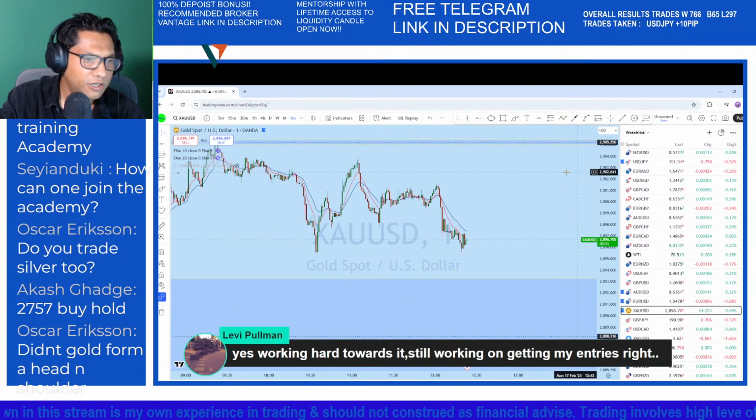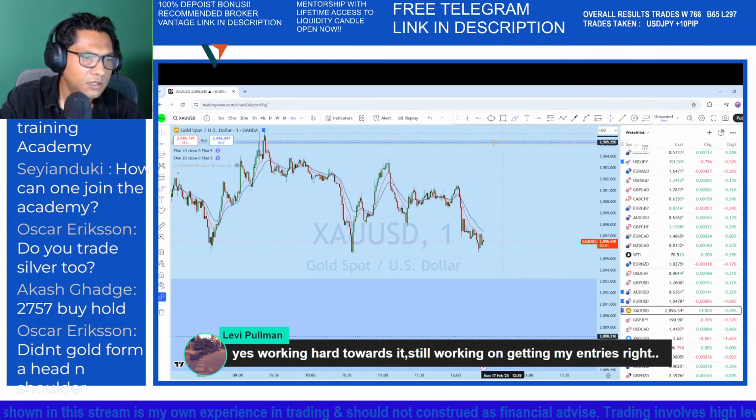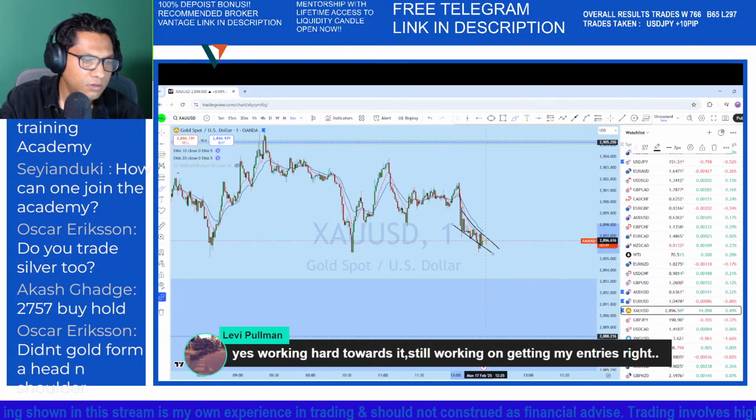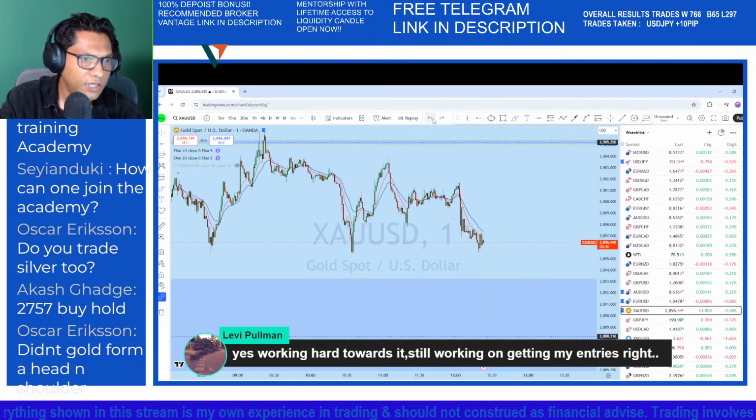With the 1 minute chart here, we can see the market in a big drop here, channel, expecting it to drop again in that direction.